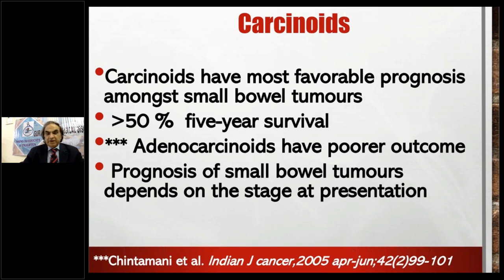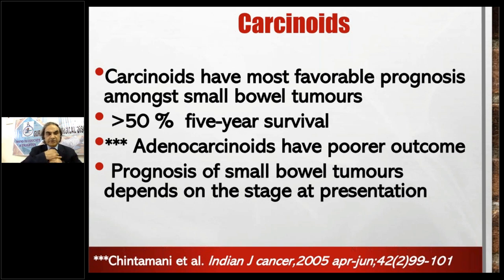Now, carcinoids have a favorable prognosis amongst all these small bowel tumors. Just to discuss, because we had published a paper on this in the Indian Journal of Cancer some years ago, 2005 to be precise, when we found one cause of obscure small bowel GI hemorrhage, for which I had to operate, was carcinoid of the small bowel, which was not only stenosing but also produced the hemorrhage.